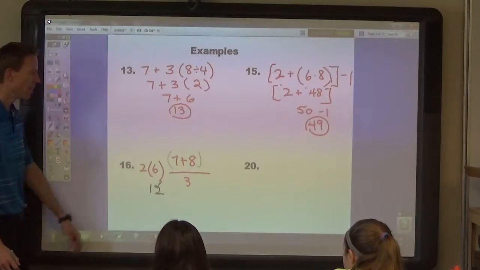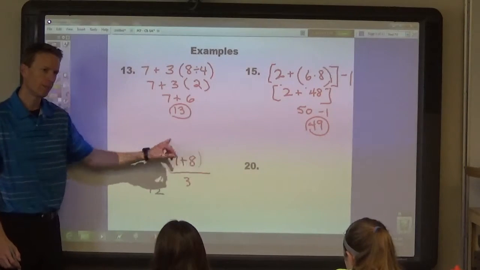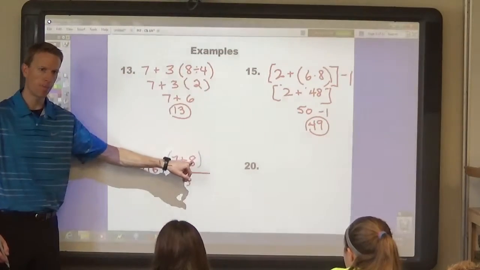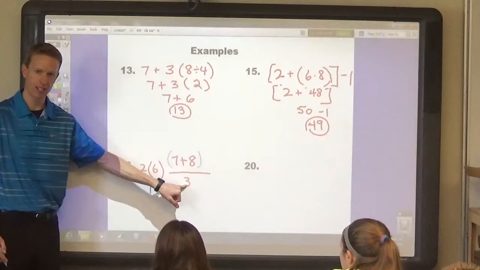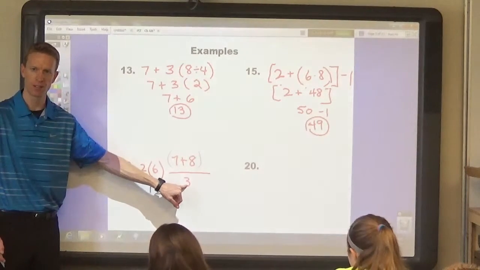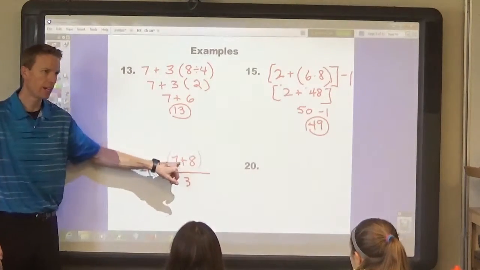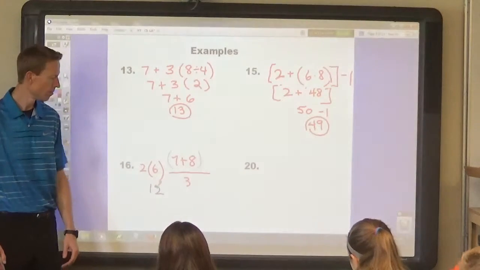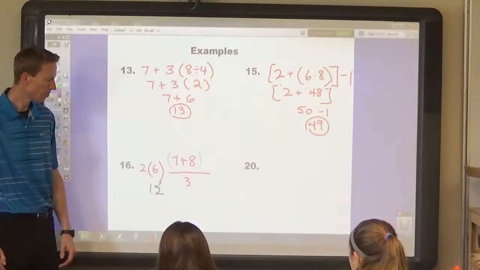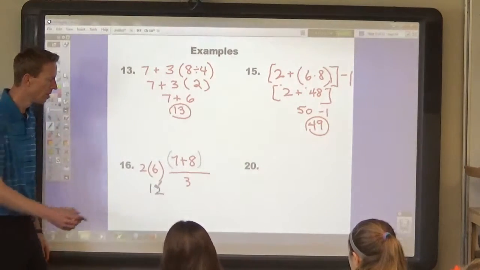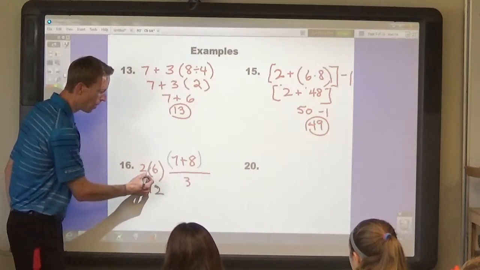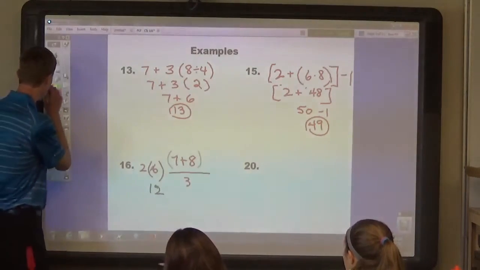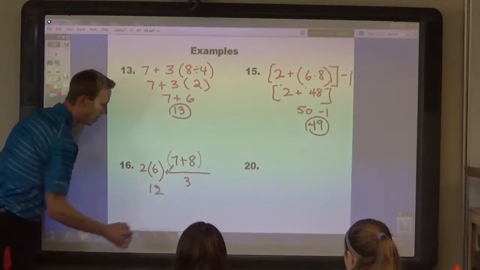Okay. Then, you notice what I wrote here? When this expression is written there above the division bar, it's kind of like having parentheses around it. So you want to simplify it up here first, and then do the division. Okay? Also, when we have parentheses here, and there's, oh, I'm missing a plus sign. There we go.